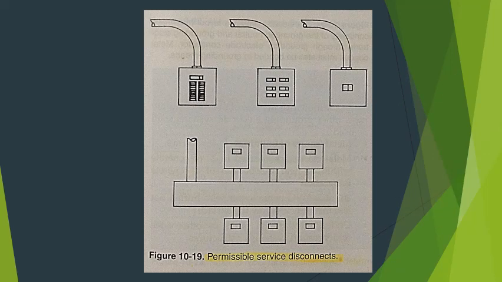Service disconnects. Section 230.71(A) of the NEC requires that disconnect means for service entrance conductors cannot exceed 6 switches, either in a single enclosure or a group of separate enclosures.